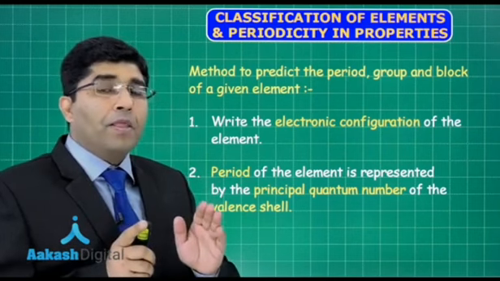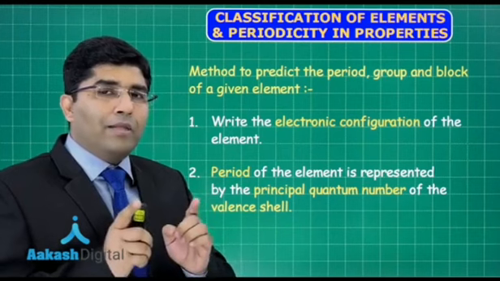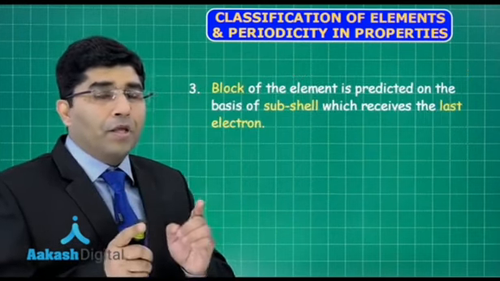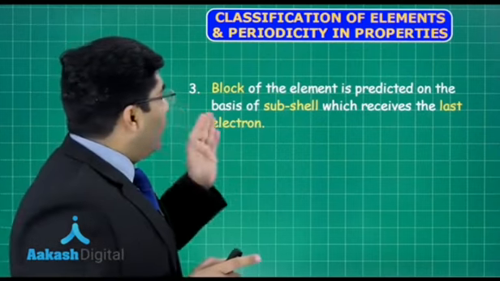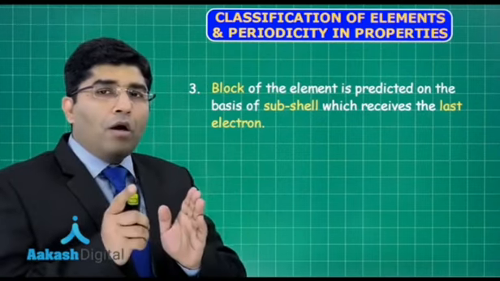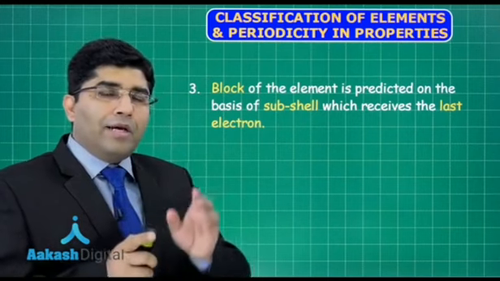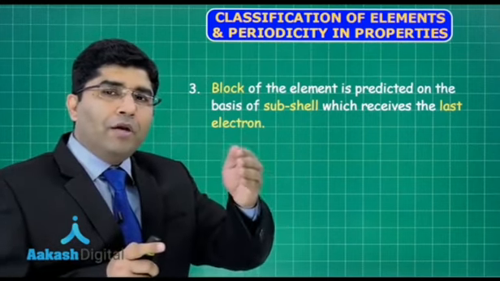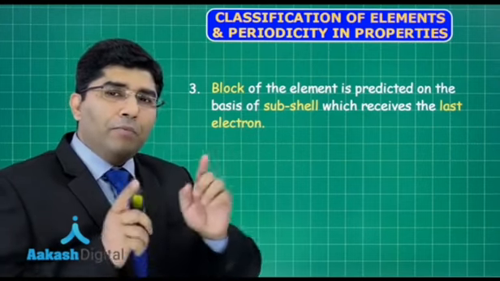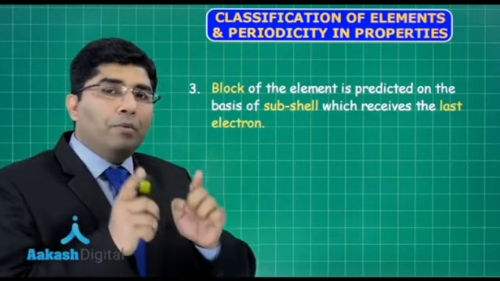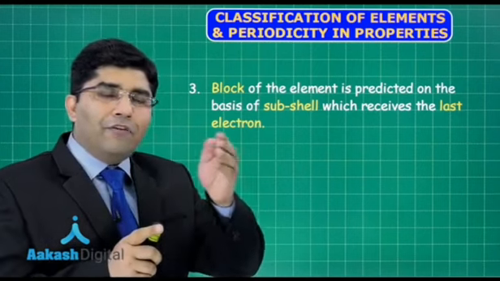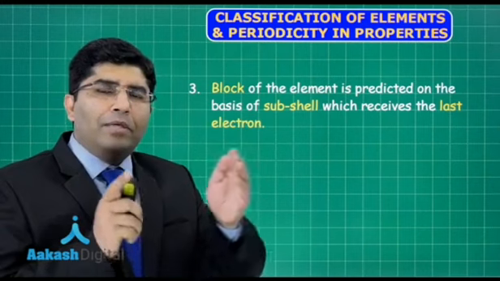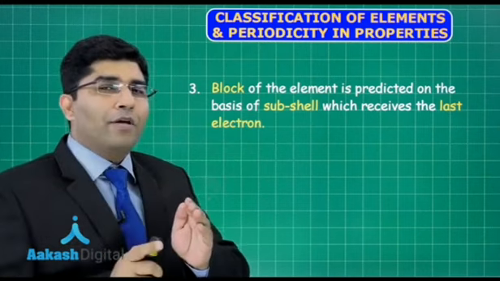The block is judged by the subshell which is being filled. If it is p1 or p2 or p3, it belongs to the p block. If it is d1, d2, d3, d4 or something like that, it belongs to the d block, right?